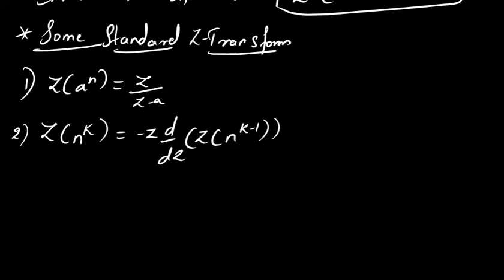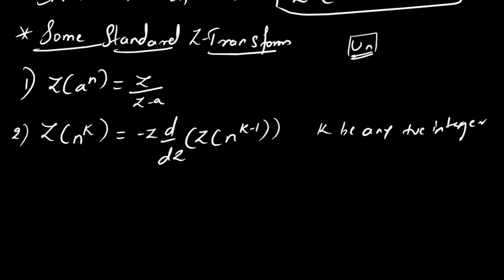Here the function is defined as u_n, and let k be any positive integer. So these transformations we have to keep in mind because they are used in solving problems.